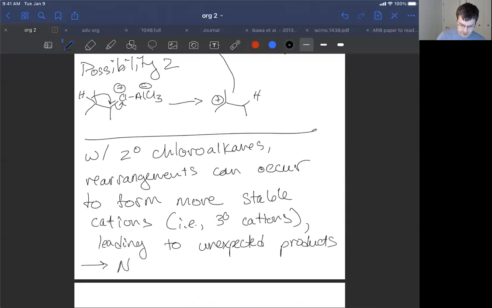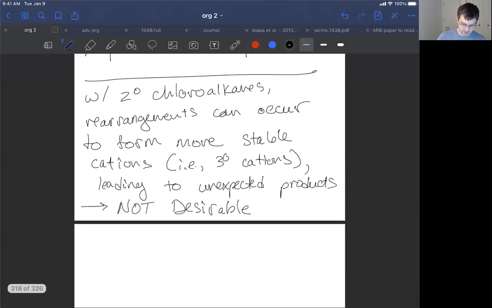This is not desirable. I mean, there are sometimes where maybe you get to a more useful carbocation, but let's look at this previous example. Let me make note of this here. Usually the rearrangement occurs with a 1,2 hydrogen shift.